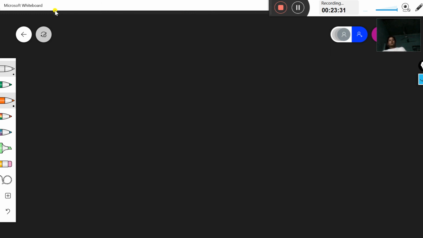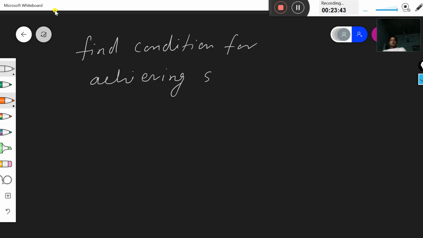Find the condition for achieving the same horizontal displacement or same range.